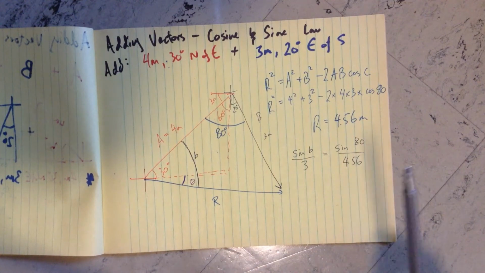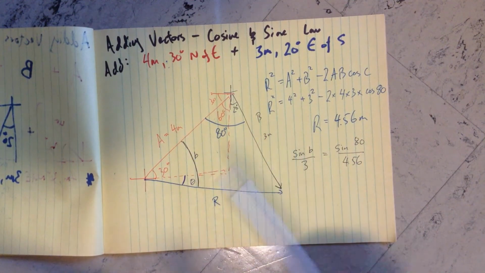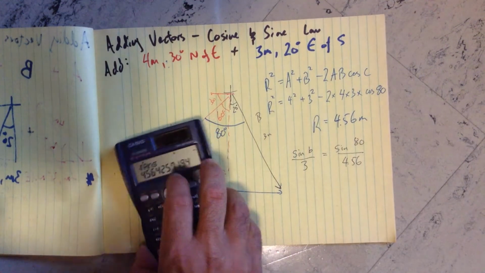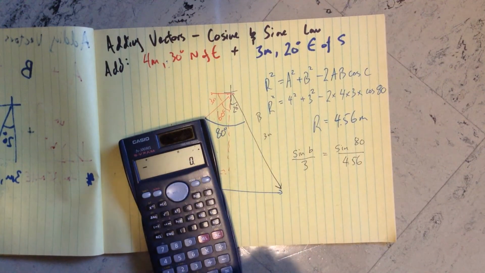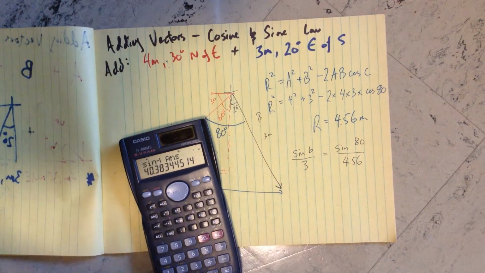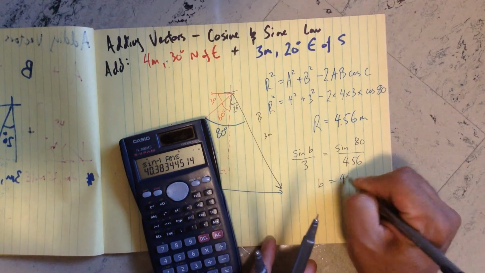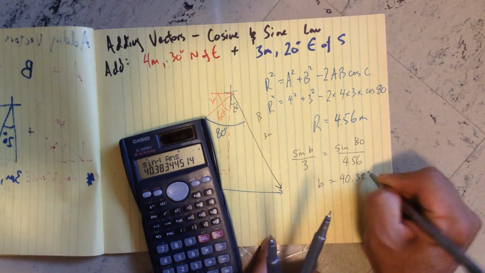Then you want to find one of the other angles and use its opposite side to get it, right? So here, sine of 80 times 3 divided by 4.56, and then we do inverse sine of that, and we get 40.38 degrees.